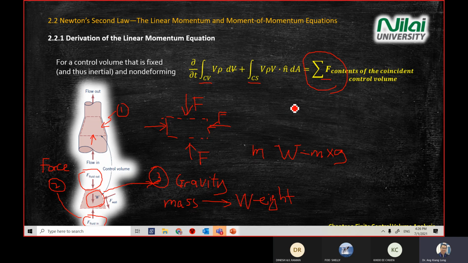Just a highlight, for this module, since you're in the 3rd year already, if the gravity value is not given in the question, we will use 9.81. If you use g equal to 10, I'll give you a wrong answer, because 10 is not accurate when it comes to control volume, especially when you calculate something happening on Earth. You will oversimplify the problem.